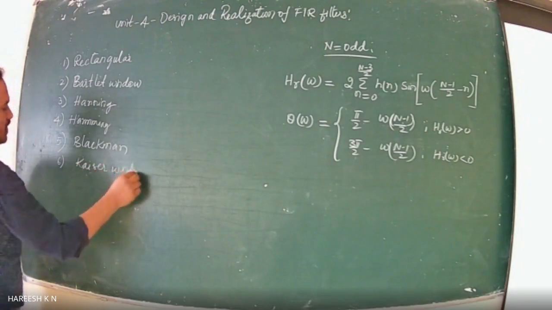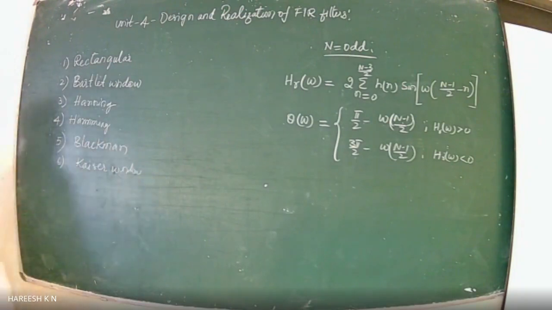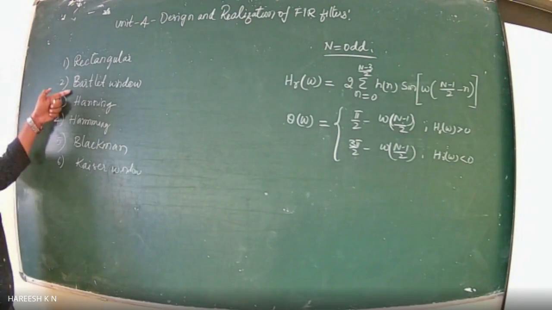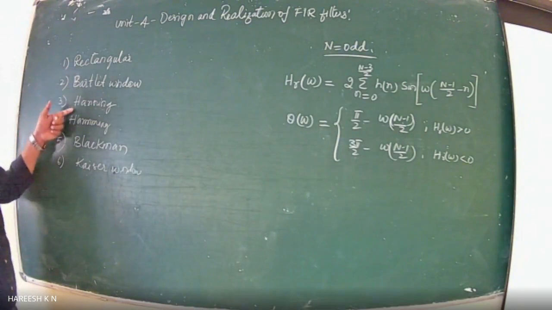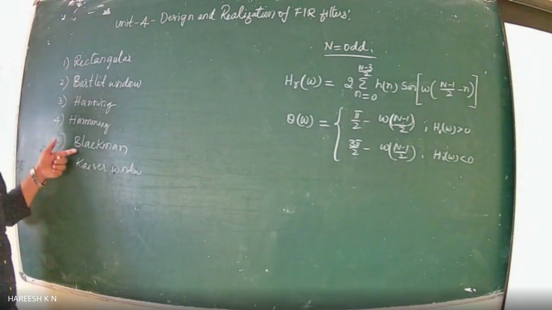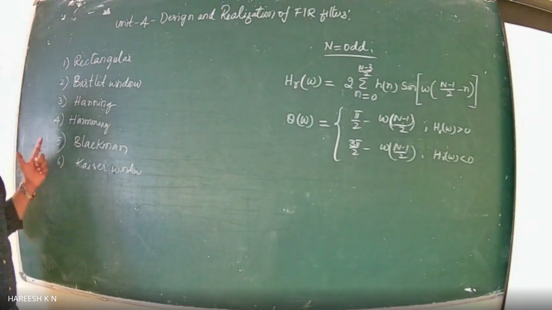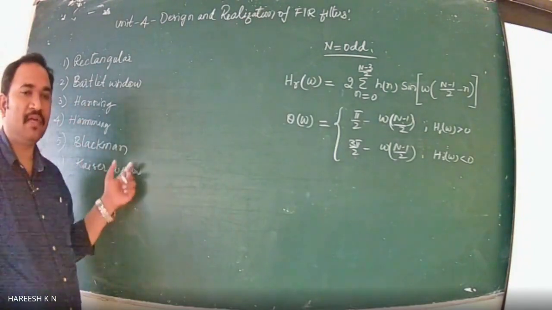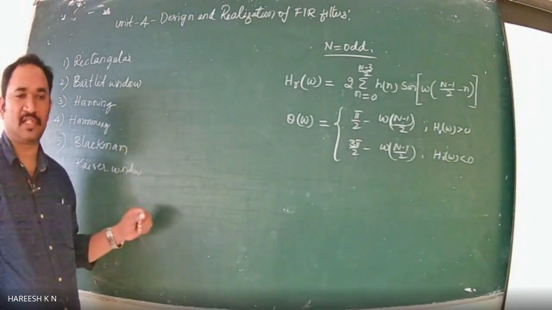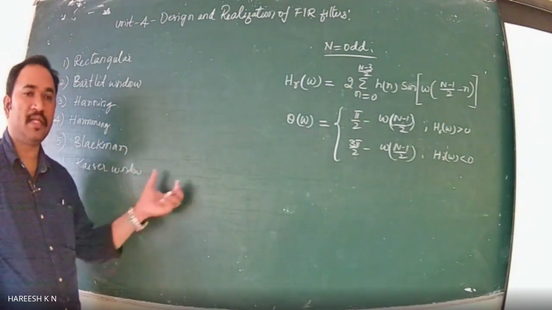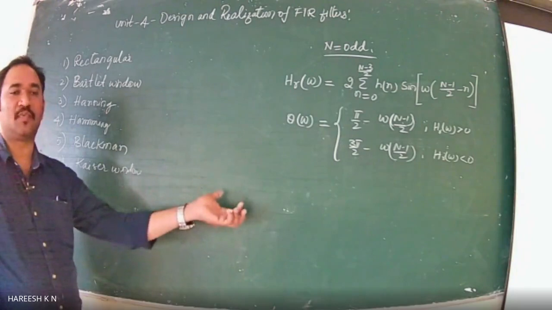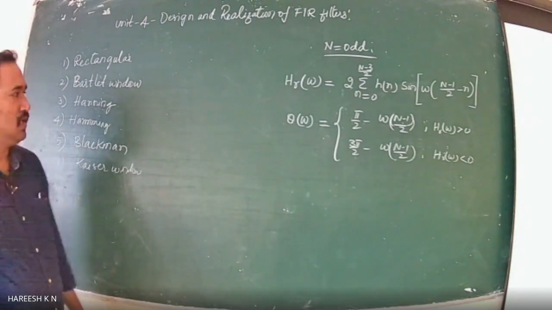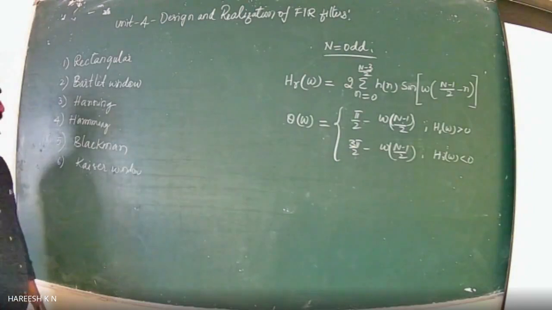These are the 6 types of window that we have in our syllabus. Each window has its own features, and based on that, we will be obtaining the frequency response or impulse response finally with respect to a particular filter. Now, what is this rectangular window?